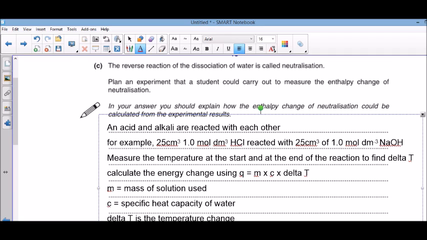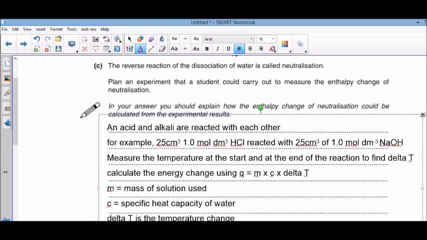And then we need to say that if the temperature increased, which it will do because it's a neutralization, delta H is negative.